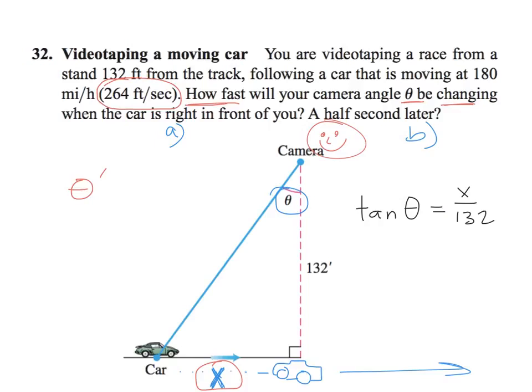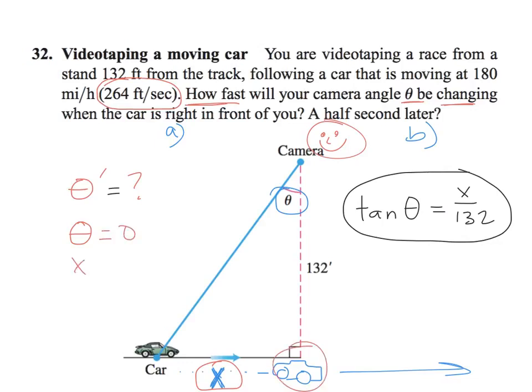What we'll be doing is taking the derivative of this equation and then plugging in the values that we know. Keep in mind that we're looking for theta prime, so we don't know that measurement. But we will know that theta is 0 when the car is right in front of us, when it's located right here, and so is x. We'll know those measurements, so that's kind of important.